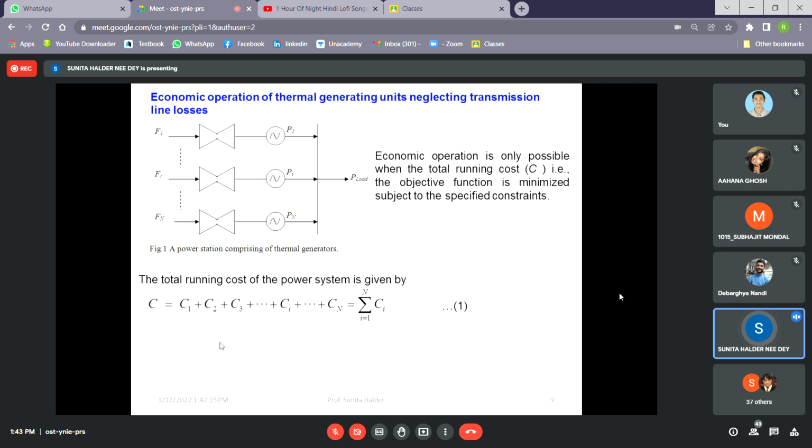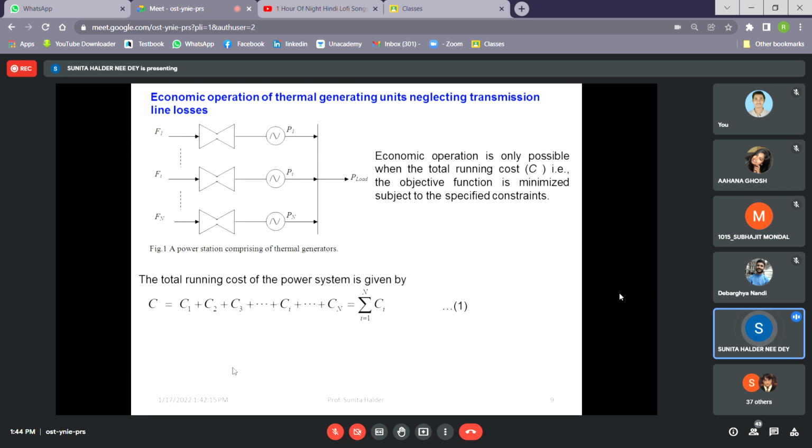So how can we solve the economic load dispatch problem? We can solve it using numerical methods. Here, just the classical method, neglecting the transmission line loss, because there is no transmission line. The load is connected directly to the plant, and there are n number of generators. For each generator there is one cost, the running cost, which we are calling the fuel cost.